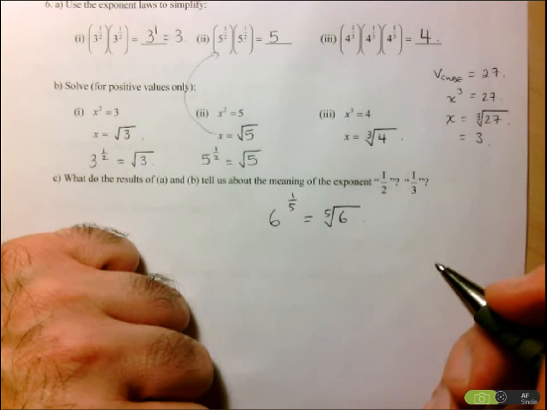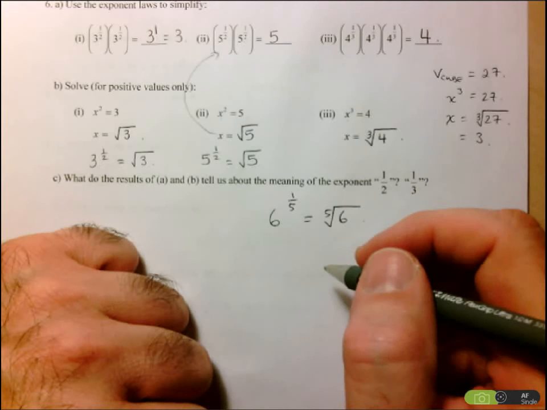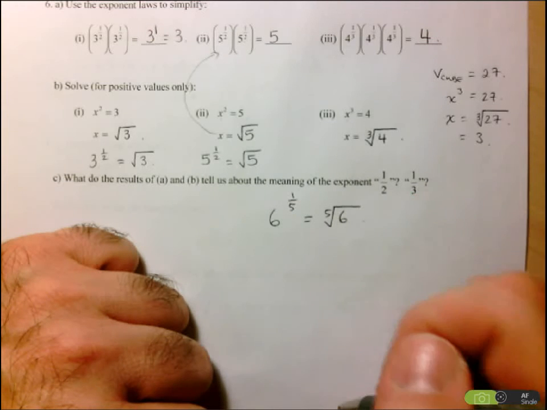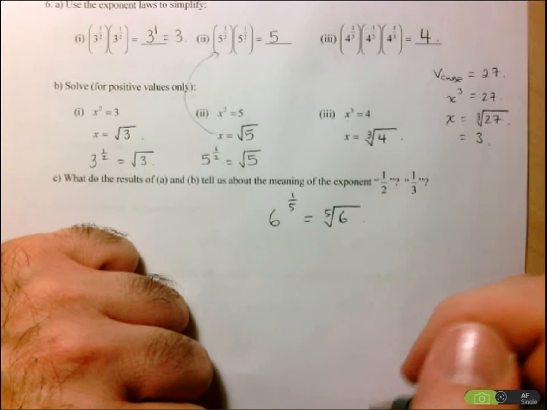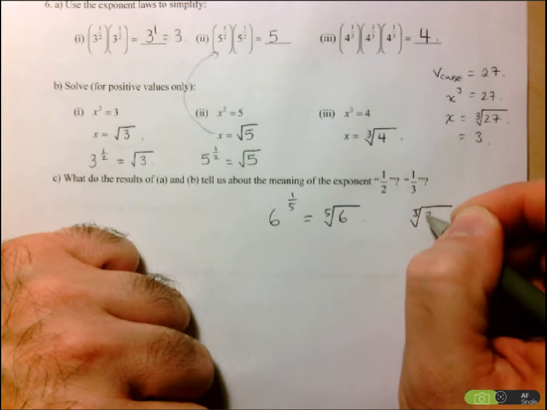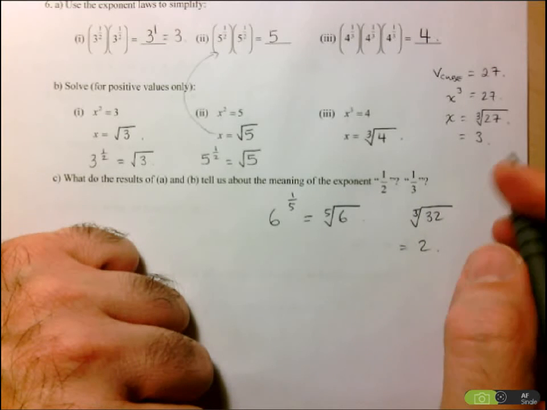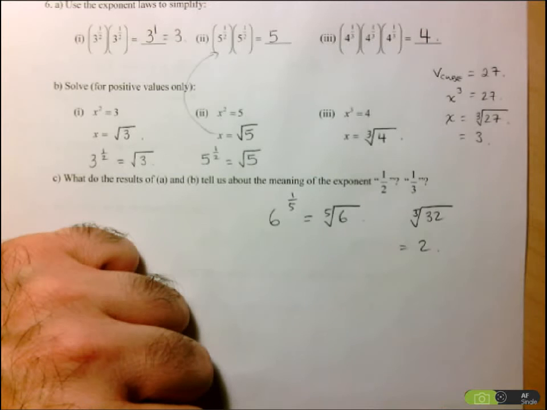Let's think, what would the 5th root of 6 be? It's that number such that if you multiply it by itself 5 times, it would be equal to 6. A nice 5th root would be of 32. The 5th root of 32 is 2, because 2 times itself 5 times is just equal to 32.